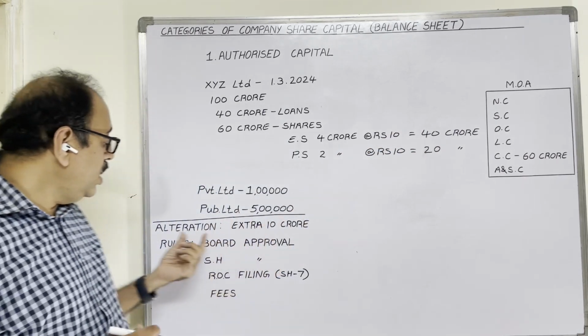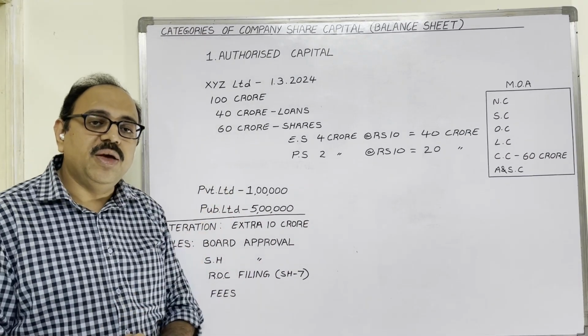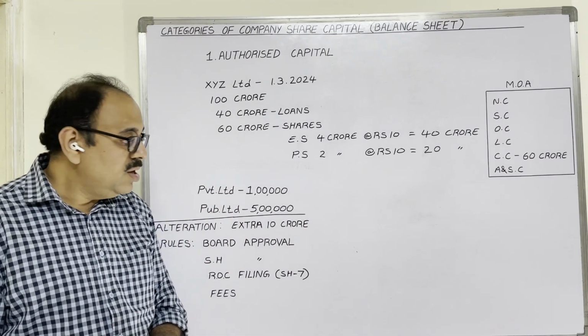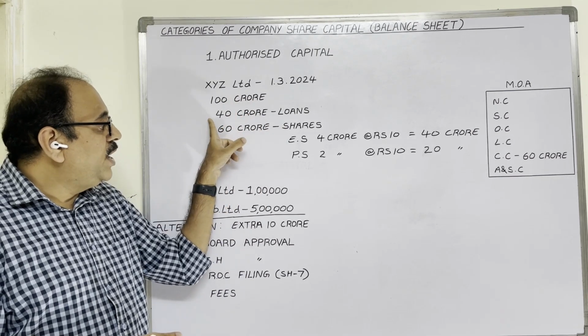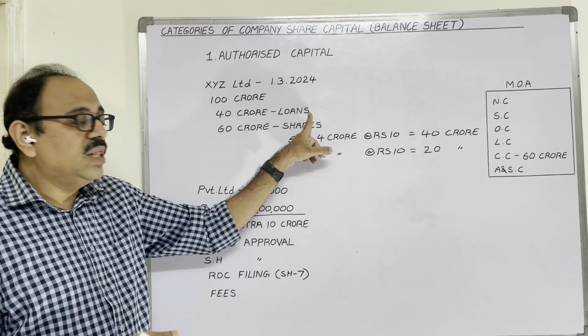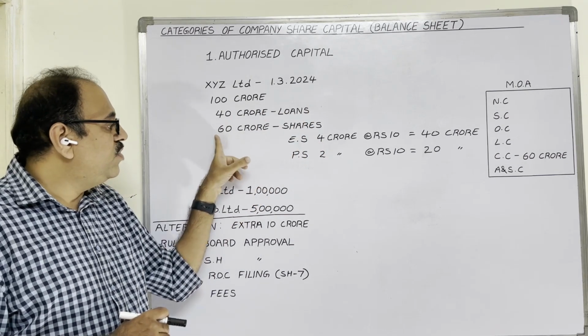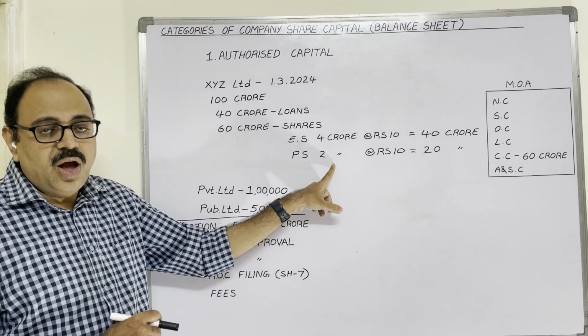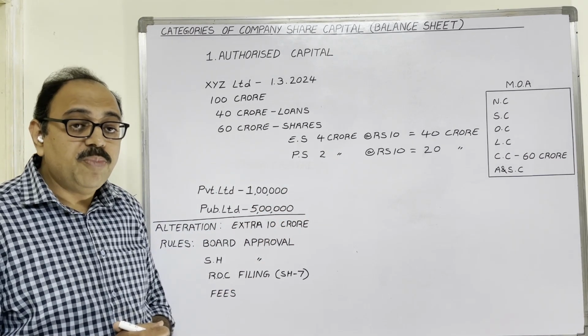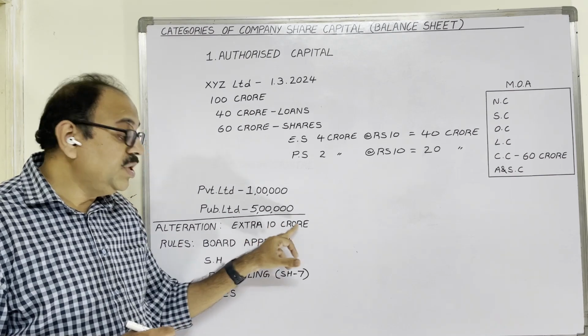Next, alteration of authorized capital amount. For example, the company collected 100 crore by taking 40 crore rupees in the form of loans, and for 60 crore, the company sold shares in this manner. After some years, the company wants an extra 10 crore rupees of capital.